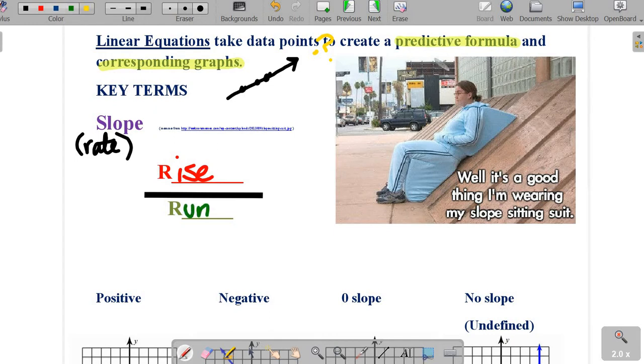Right here, this young lady is sitting against a slope, and that slope has rise, and that slope has run. Therefore, the concept of slope is rise over run.